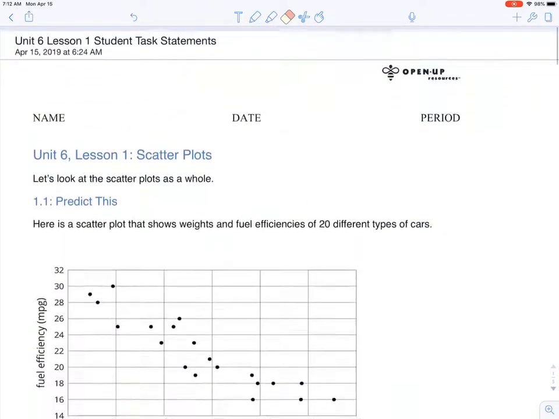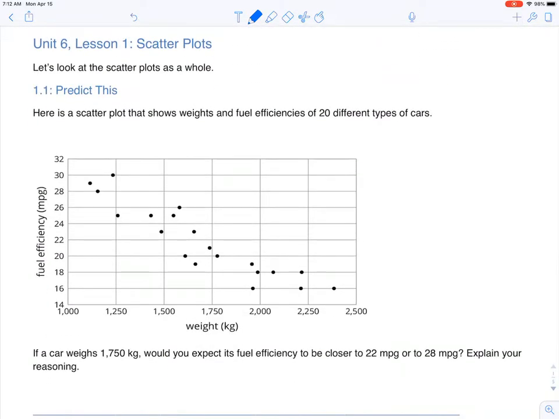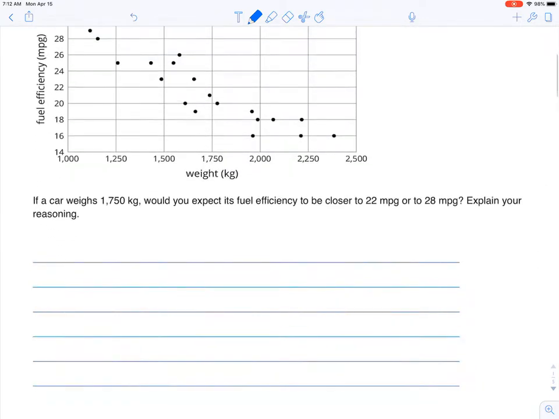Our first question says, well, first our learning goal is let's look at scatter plots as a whole. We're going to be analyzing those and figuring out what everything about it means.